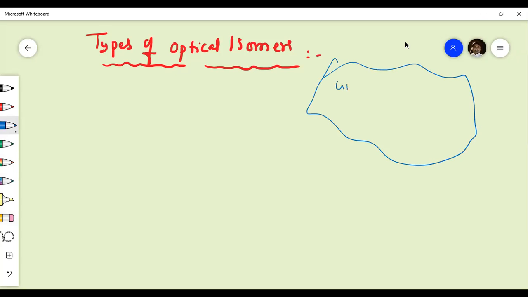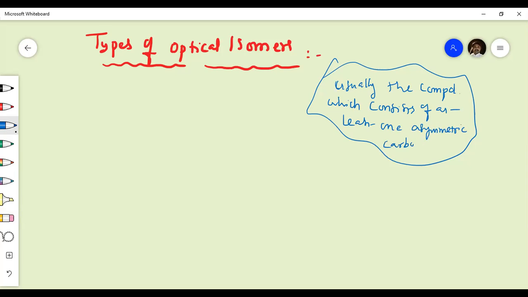Usually, an optical isomer is a compound which consists of at least one asymmetric carbon, and that carbon atom is capable of showing the phenomenon of optical isomerism. Such things we will call optical isomers.